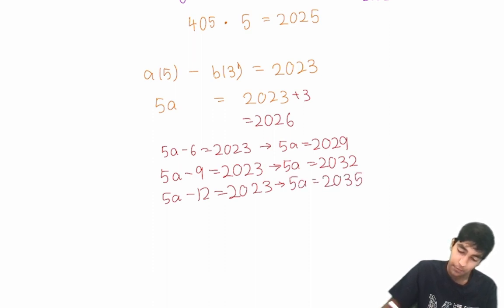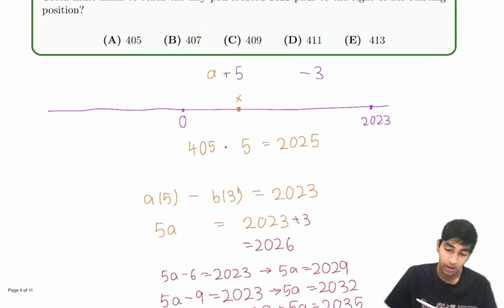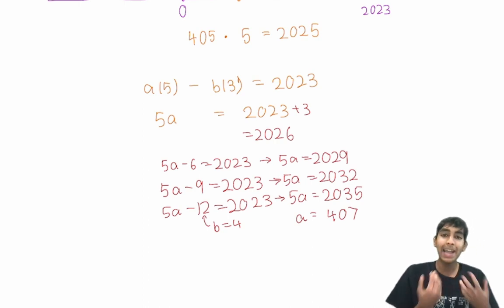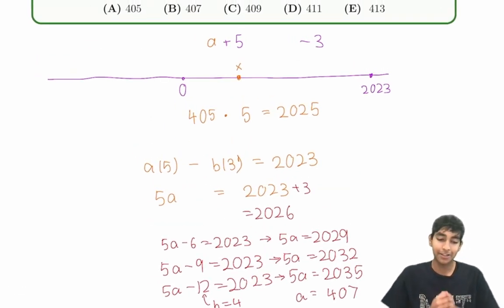And if we divide by 5, we get A equals 407. And of course we have over here B equals 4. So, therefore, this does work, because 2035 is a multiple of 5, so we get a valid value of A and a valid value of B, such that we reach 2023.